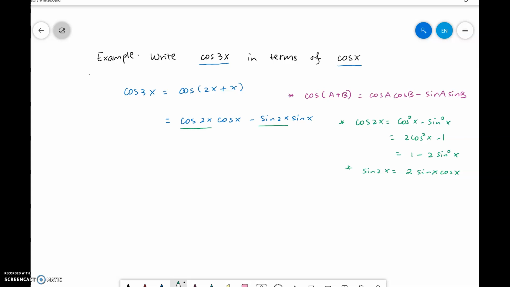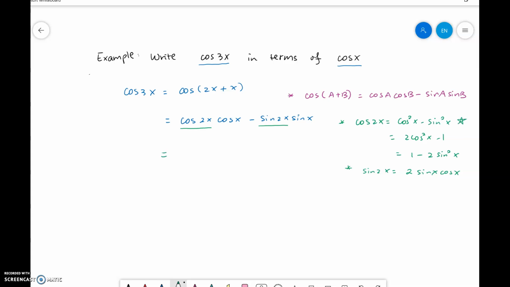You can use either one. For the cosine of 2x, I don't think there's anything particularly you cannot use, so I'll probably just pick the first one.